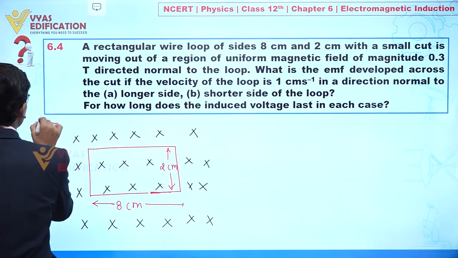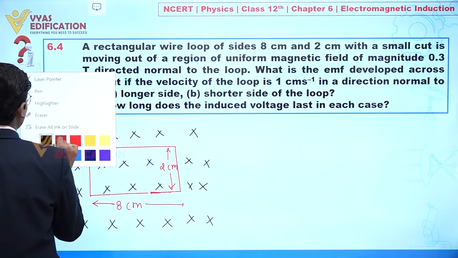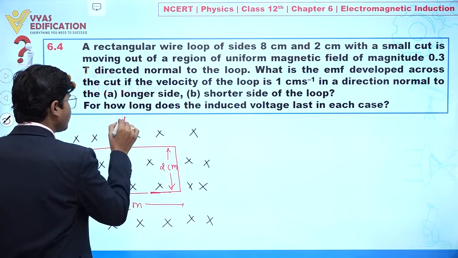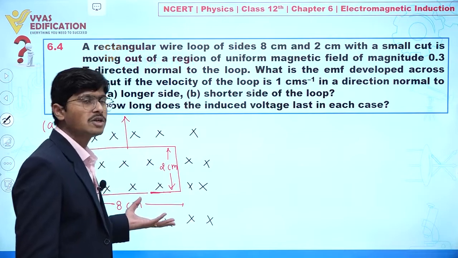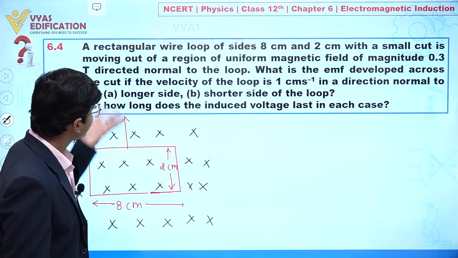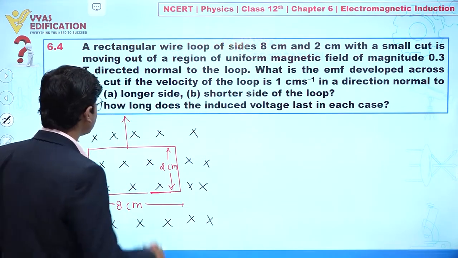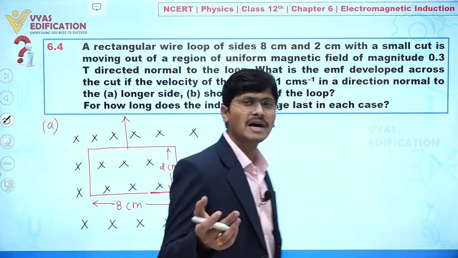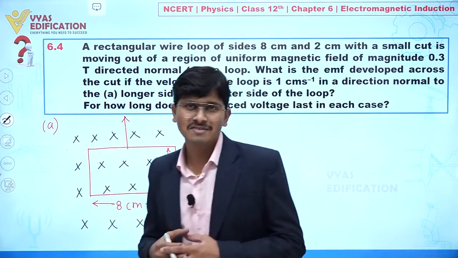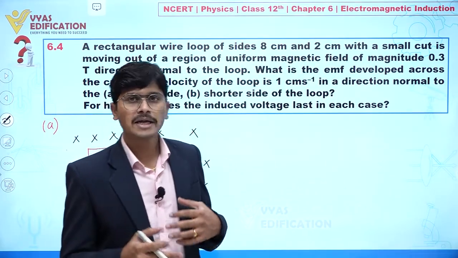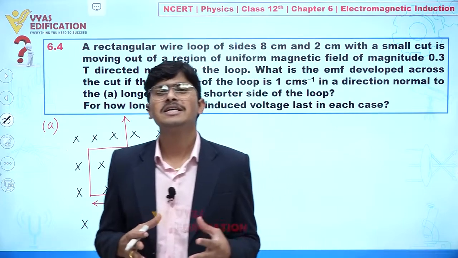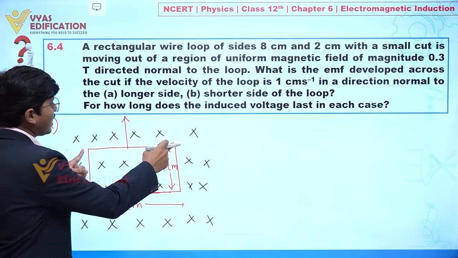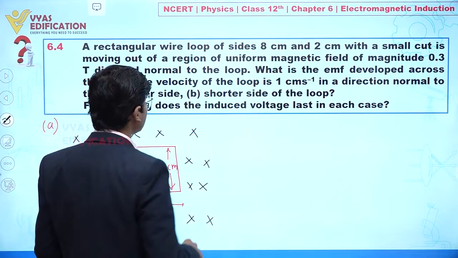So first, part A. Let's suppose this rectangular wire loop is moving in an upward direction, perpendicular to the longer side. We have a concept: when a wire is moving in a magnetic field, an induced EMF will be developed across this end. What about the magnitude?